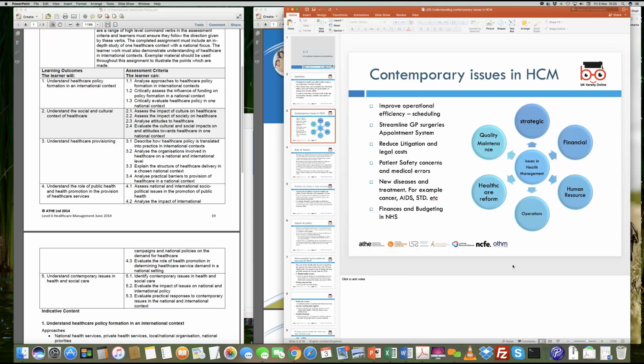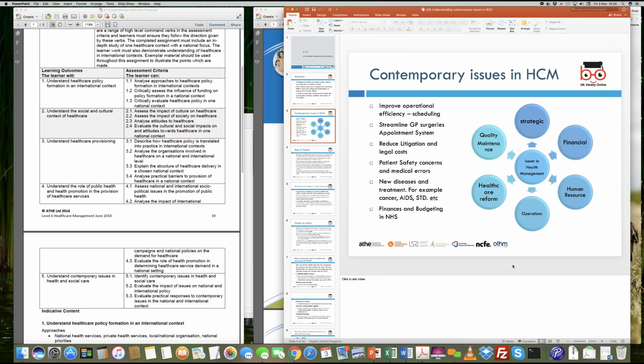It can be treated as an issue provided there is enough data to justify that this is the case, and that yes, if the patient has to see the GP again, his appointment would come after typically so many days. So in order to back it up, we have to look at the information which is available and the validity of that information, so that we can clearly classify it as a problem or an issue, and that would then be classified as an ongoing issue or a contemporary issue.